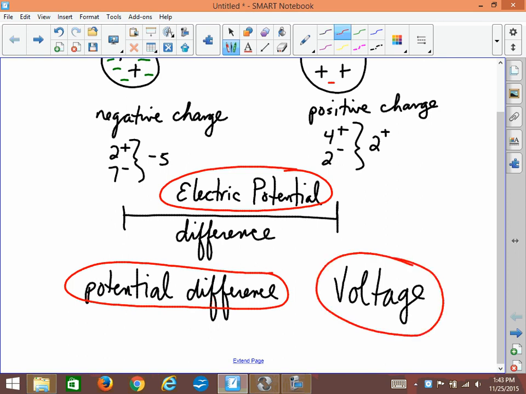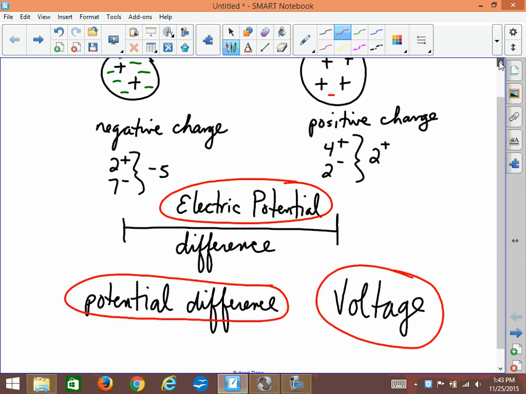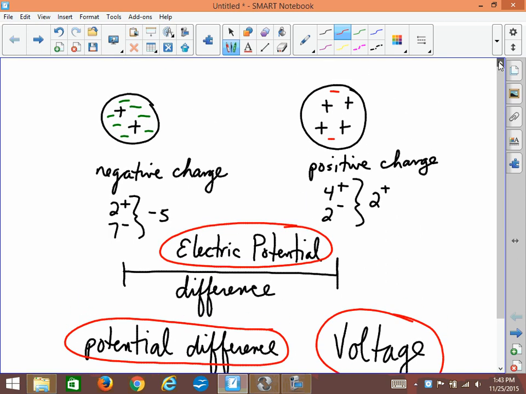Voltage, in its simplest sense, is simply the result of having two different charges. Here they are, a positive and a negative charge. And if they are different, it means that there's a tendency for something to happen. And that something is going to be a kind of movement. Something's going to move here.